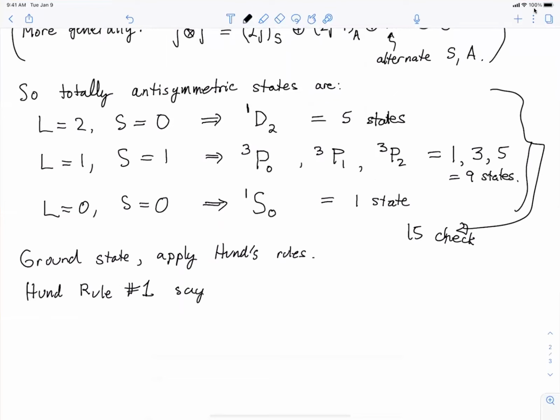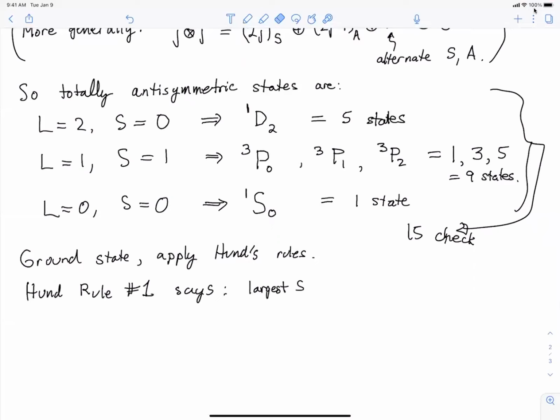Hund's rule number 1 says that the one with the largest S wins. By wins, I mean it's the lower energy. So we want the, sorry, largest, not lowest, largest S.